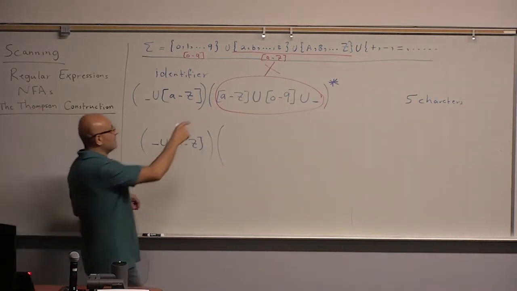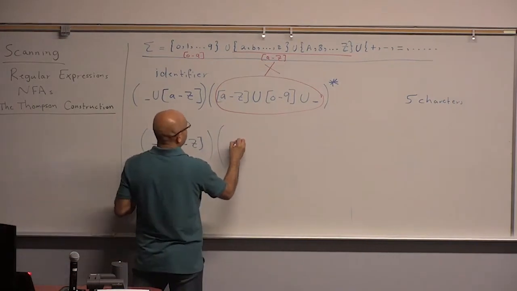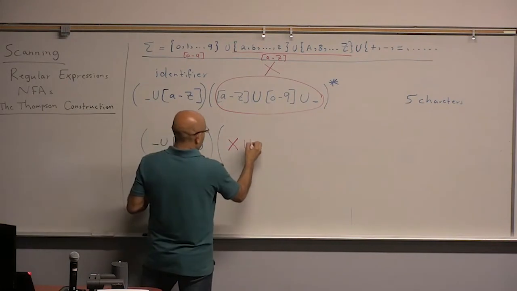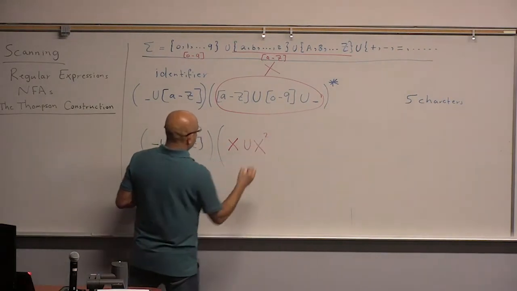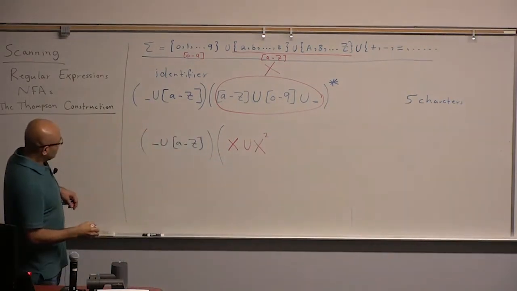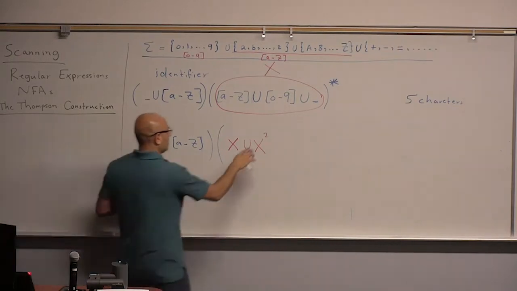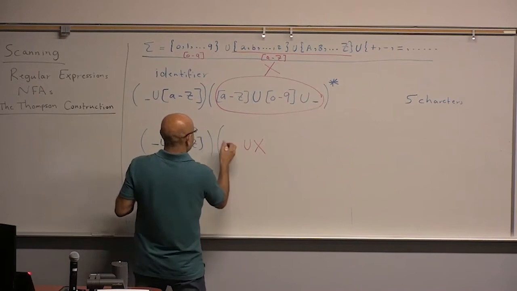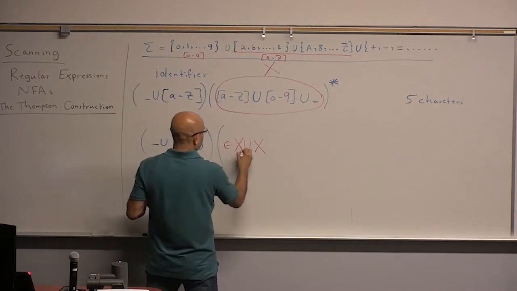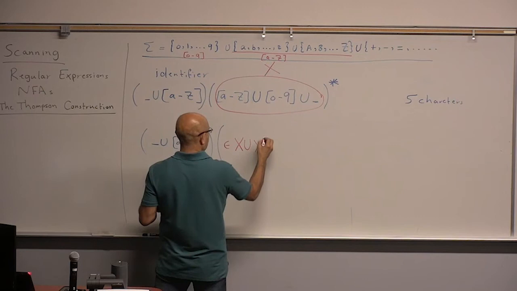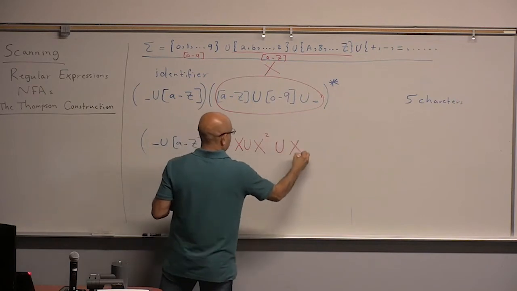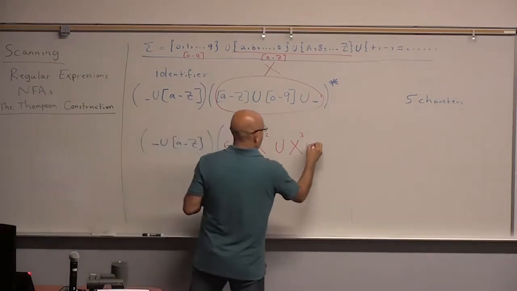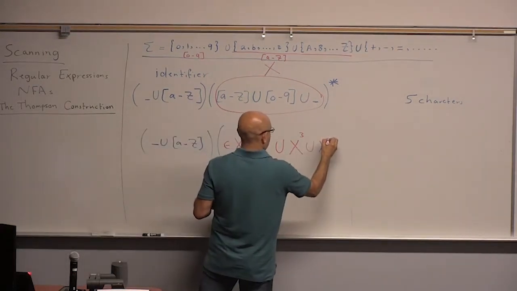So if this is X, then we'll have either X or X repeated twice, or even X repeated 0 times, so we can have epsilon. So epsilon or X repeated once, or X repeated twice, or X repeated 3 times, or X repeated 4 times.